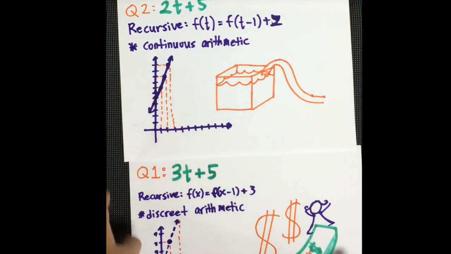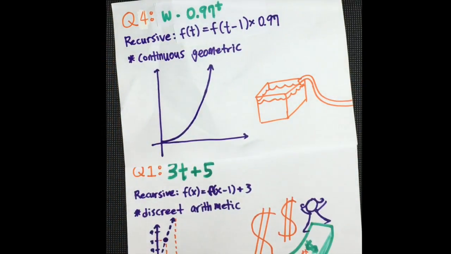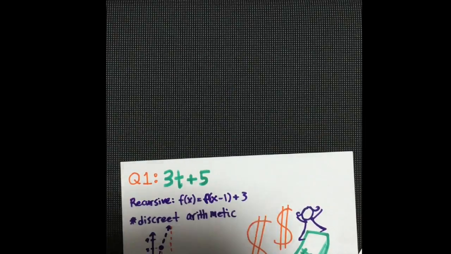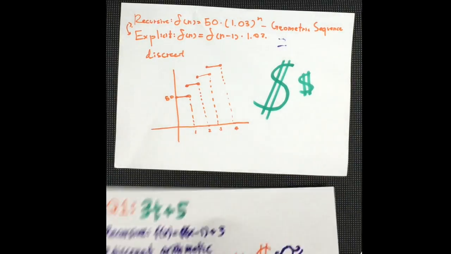Now, if we compare question number 1 with question number 3, we see that both of them are discrete. Both of them are split up.